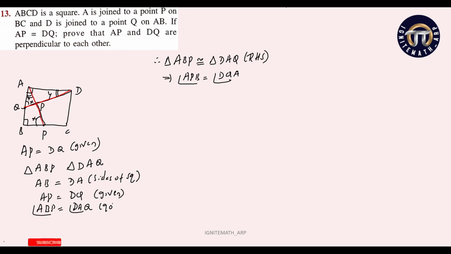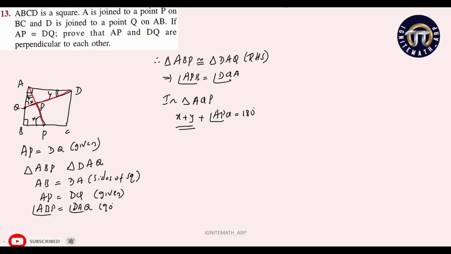So if I call this point P, in triangle AQP, x plus y plus angle APQ is equal to 180 degrees. Clear?